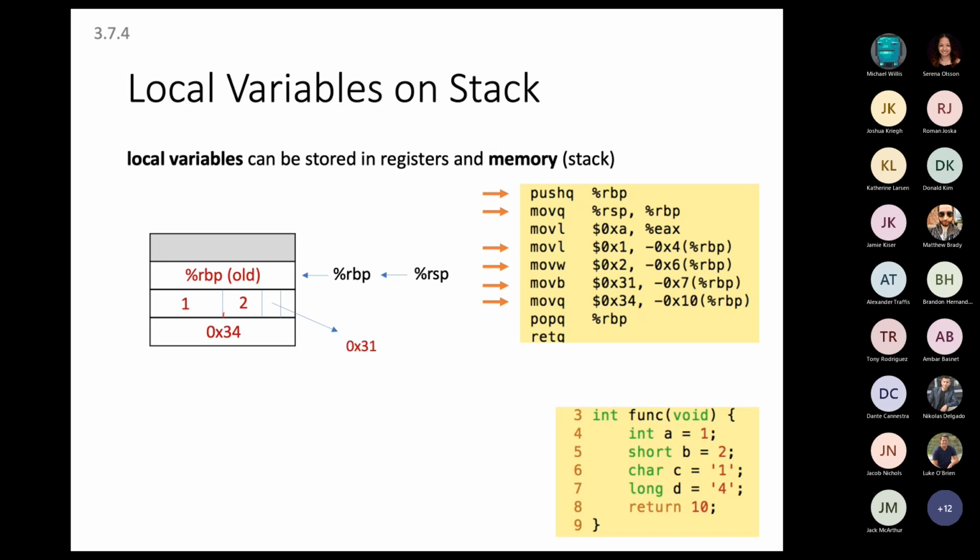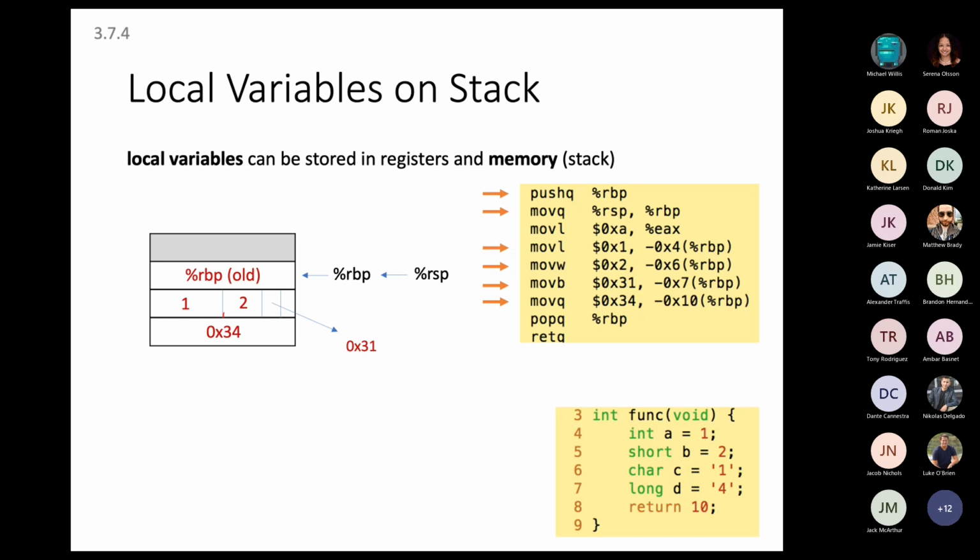So you can see here, we use the RBP as a baseline and have the offset to find the right locations on the stack to store the value. And that also happened in our previous example. When we find the memory, find the local variables, you usually see these parentheses. That means the memory location, and inside of it, it usually is RBP.